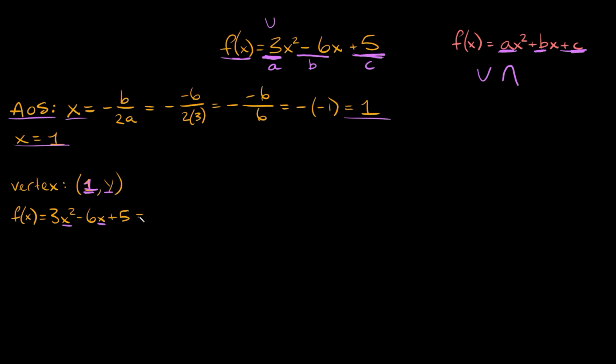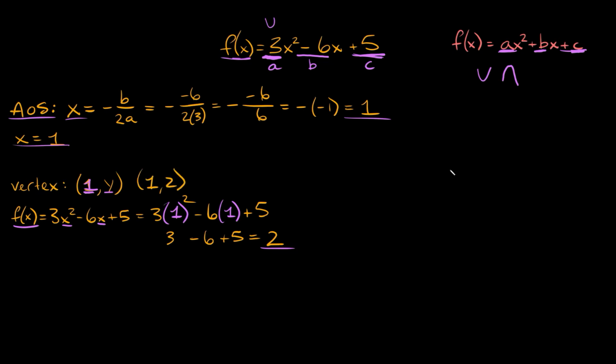So this is going to be equal to 3 times 1 squared minus 6 times 1 plus 5. 1 squared is 1, so 1 times 3 is 3. So we get 3 minus 6 plus 5. 3 minus 6 is negative 3, so negative 3 plus 5 is equal to positive 2, right? So f of x, or y, is equal to positive 2. So our vertex is at 1, 2.